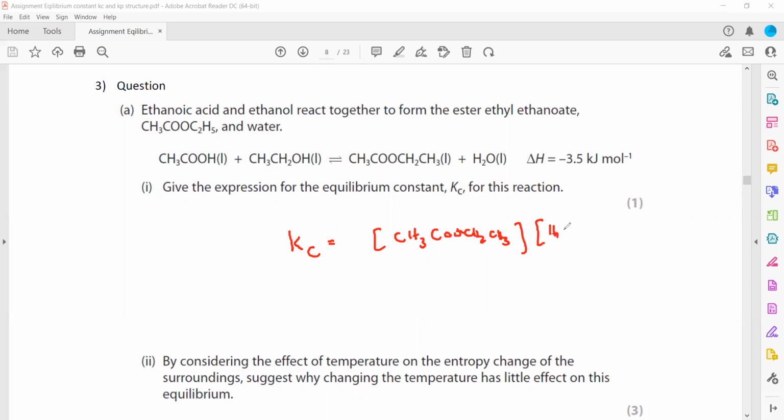And this is a homogeneous equilibrium, so all are in the same state. So we will include all of them, divided by the concentration of reactants, CH3COOH and CH3CH2OH. So Kc will be the product divided by reactant.